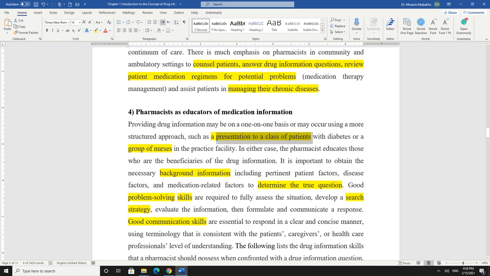I will call diabetic patients and present them with information about diabetes, because the more you educate them, the more they will manage their chronic disease. But that is for patients. Can I educate other professionals? Yes, I can, for example, lecture nurses about diabetes, especially nurses who are dealing with diabetic patients. Okay.